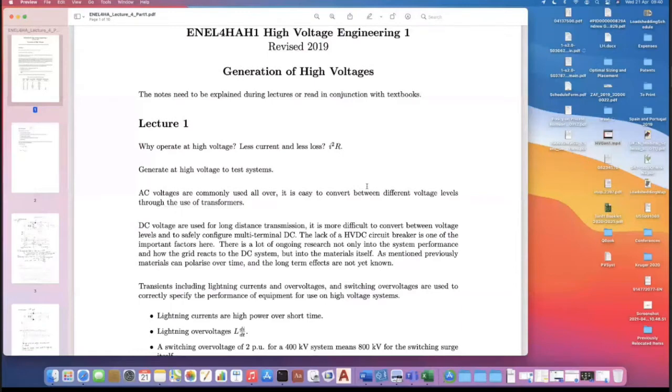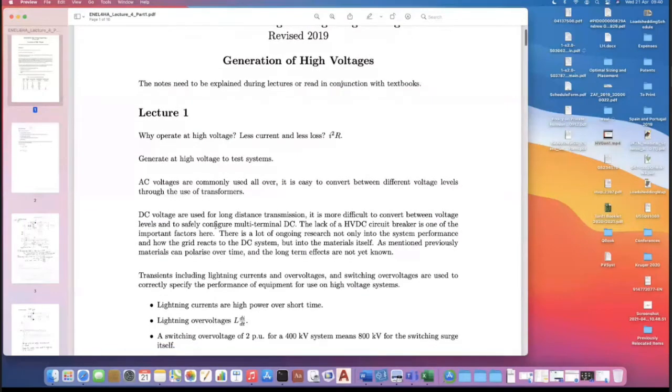So we need to test our equipment such that we can show that our systems will operate at high voltage. So this is very much about testing systems as opposed to transmission or distribution.